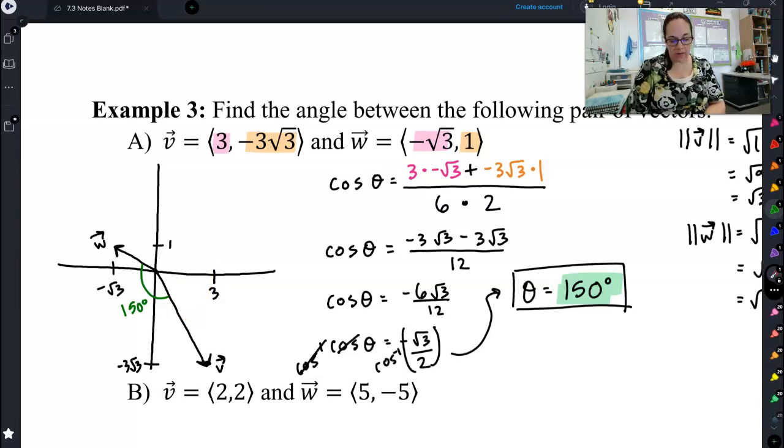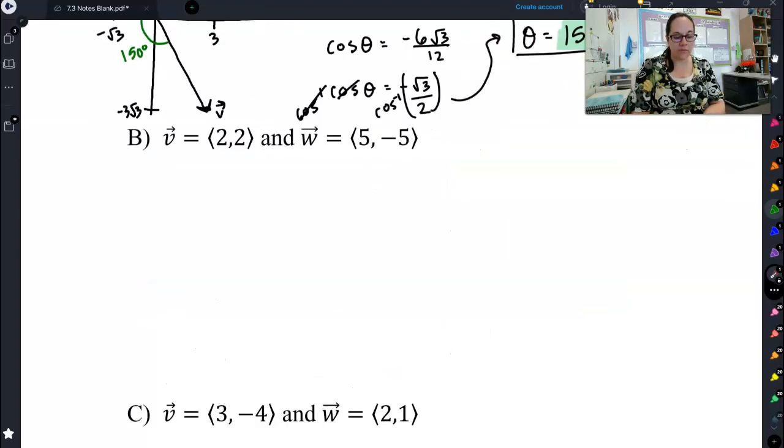The answer to that comes from when we did the arc cosine. Because remember, the domain restriction for cosine is quadrant 1 and quadrant 2, or 0 to 180 degrees, which means anytime you type this arc cosine into your calculator, it's going to give you the smaller angle between those two vectors, because the bigger angle will always be greater than 180. So you can trust that whenever you type this into your calculator, it's going to give you the smaller angle between them because of that arc cosine.